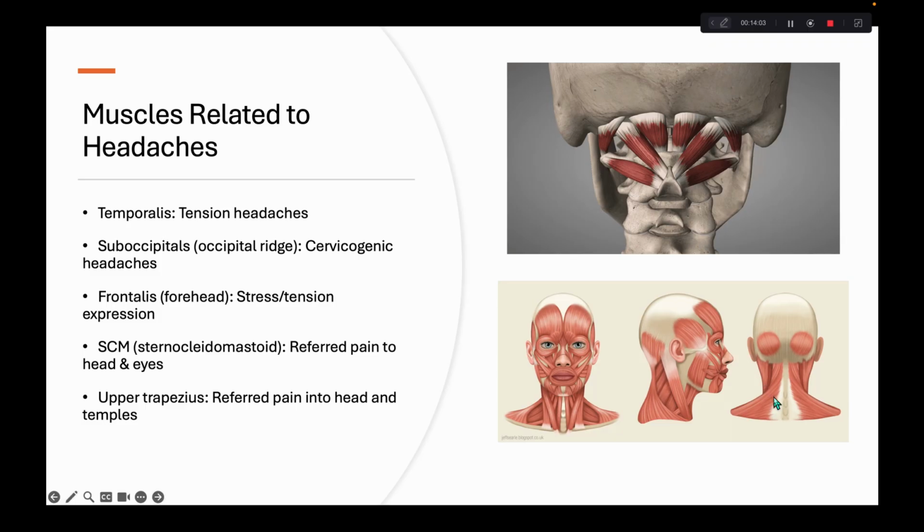Remember, the referred pain doesn't mean that is where the pain is coming from. Maybe they're having pain in the temples, and it might also feel good that you're massaging the temporalis muscle, because that could also be contributing. But make sure you cover all your bases and get all the muscles that might refer pain to that temporal region as well.